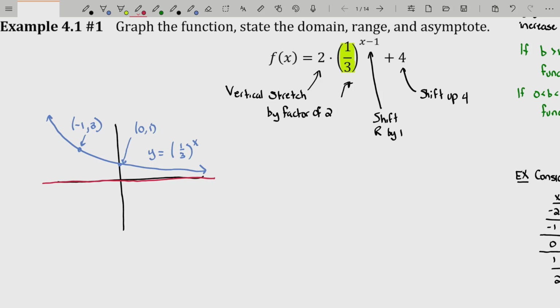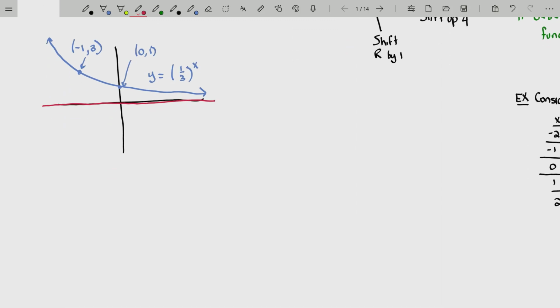Now, as you probably know from watching my videos, I'm just going to treat the transformations from left to right in this statement right here. So the leftmost transformation is a vertical stretch by a factor of 2. That is, we're going to multiply all the y values in this graph by 2. It's going to look essentially the same, but you're going to just double up the y values.